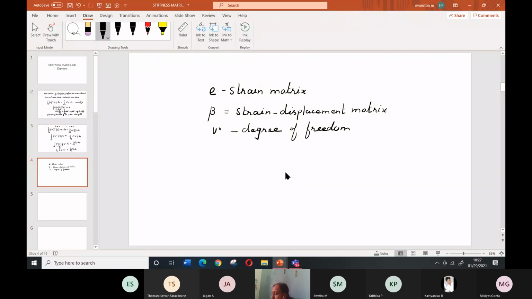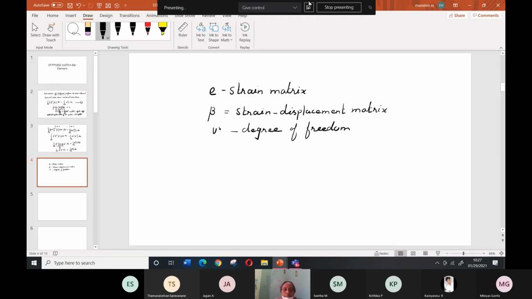Now we are going to find out the stiffness matrix for the bar element. First we will see the bar element, then you can do it for the beam element. For the bar element, I'll take the value of beta transpose E into beta.